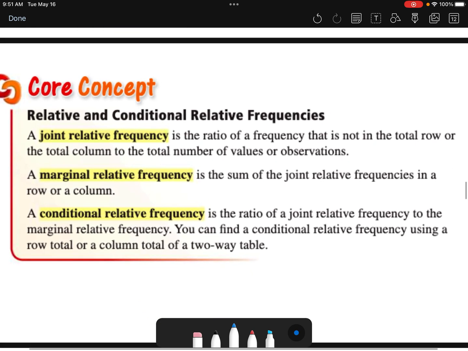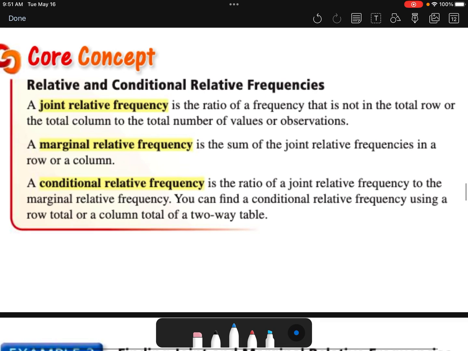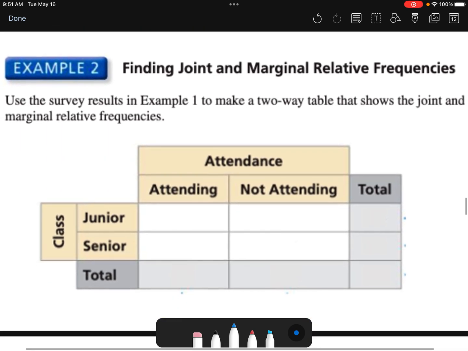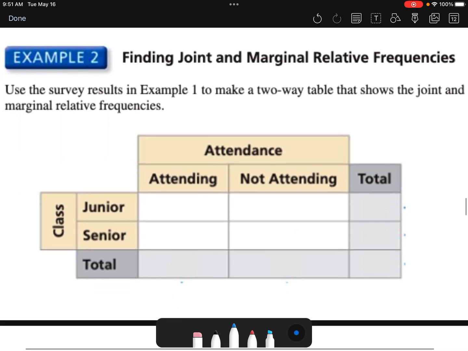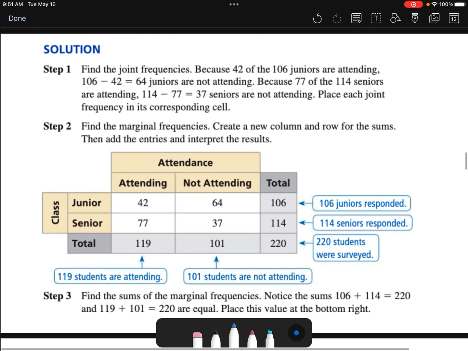Now, we can also find percentages called marginal joint relative frequency, marginal relative frequency, and the conditional relative frequency. So now we're talking about ratios when you see relative frequency. So let's go back to that first one, which was this one.